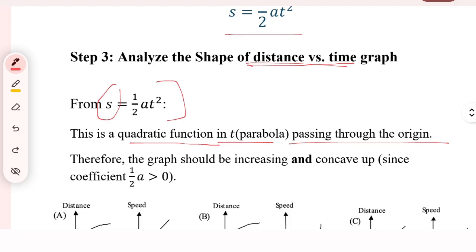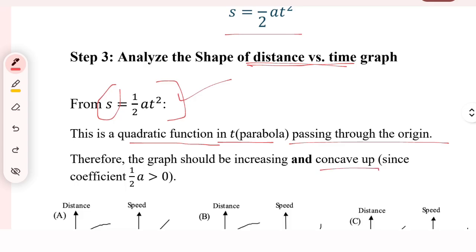The equation would also tell us if it is a concave up or concave down parabola. Based on the equation, what do you think? In this case, it is actually a concave up parabola.